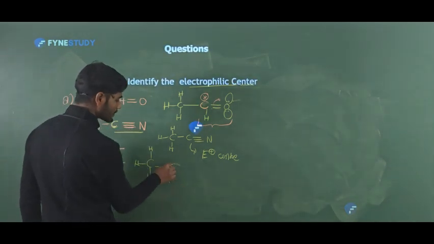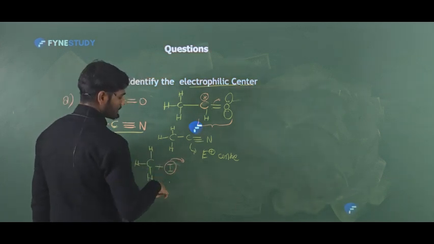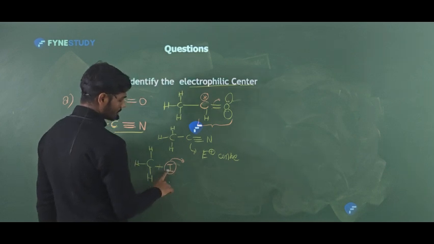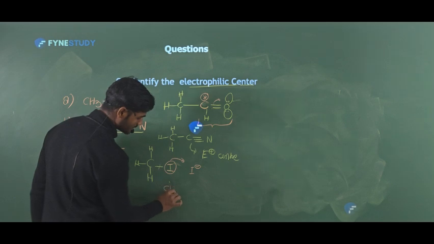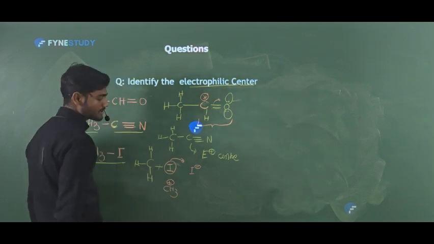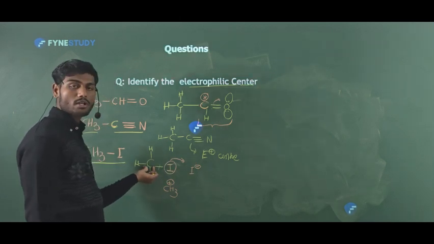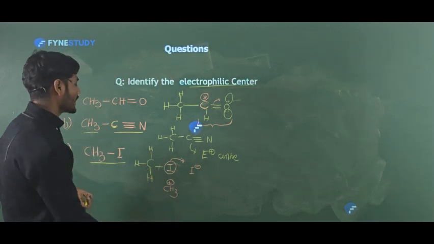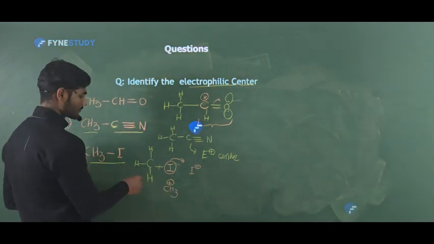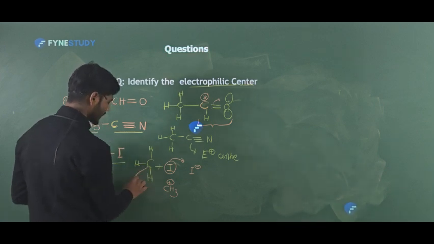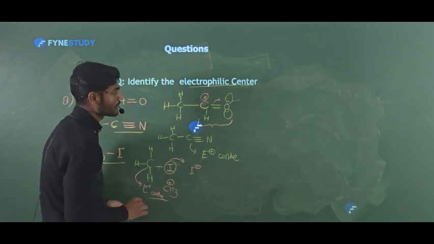If you break this bond, iodine will go as I minus, and here it will be left behind as CH3 plus. So it means there is deficiency on carbon, and iodine is having more electrons. So the carbon here will be the E plus center.